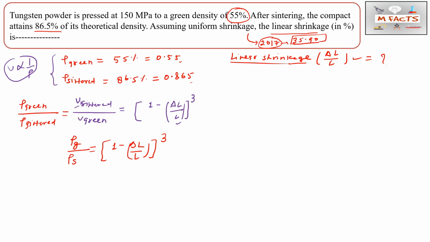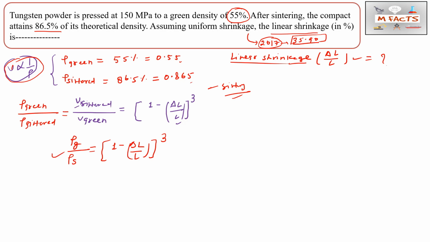But here in this question they are relating the linear shrinkage to the green density and sintered density, and we know that in the sintering process mass is constant. In sintering, mass is constant, that's why we can apply this formula. V is proportional to 1 by rho, and since m is constant, m will get cancelled, and we can apply this formula here in this case.